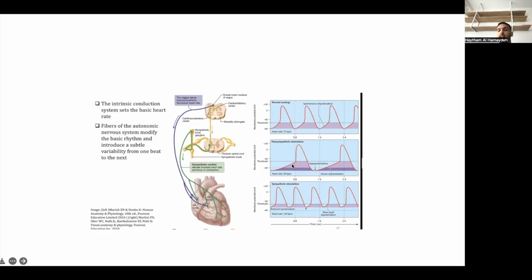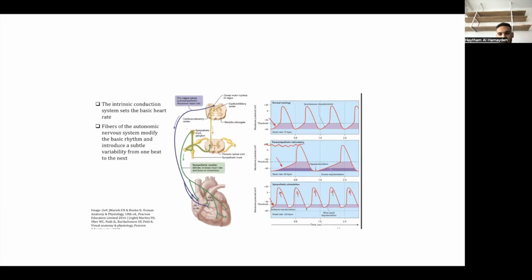It decreases the rate at which we reach the threshold, whereas sympathetic stimulation causes less time for us to reach the threshold. If you see here, this is longer. It's decreasing the frequency. Here, it's increasing the frequency. That's the sympathetic effect.